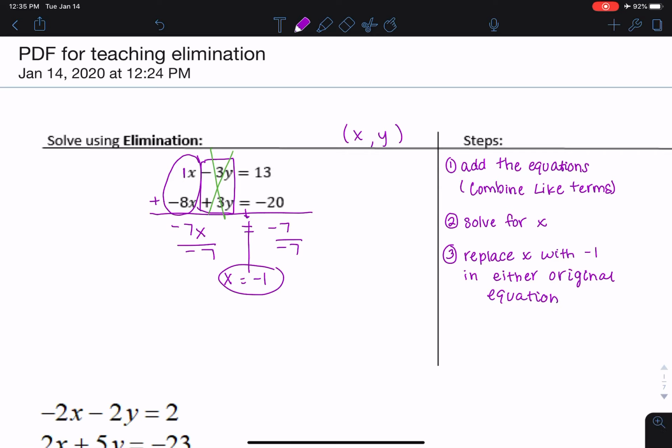So that means you can pick x minus 3y equals 13 or negative 8x plus 3y equals negative 20. You can pick either of those to put this number back into.